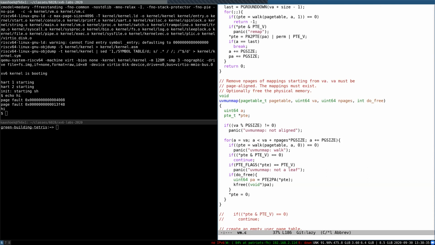Another question. Yeah. In uvmunmap, I assume the panic was there for a reason. So would a more reasonable implementation be to have 2 versions, and we would use the one that doesn't panic? Yeah, because why was the panic there in uvmunmap? Well, there was basically an invariant that used to be true for the unmodified xv6, right?